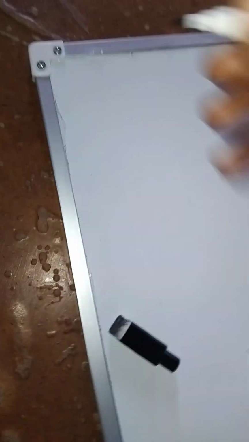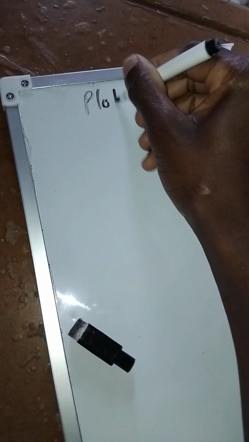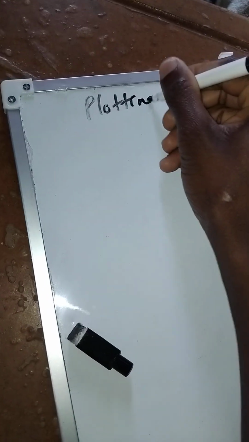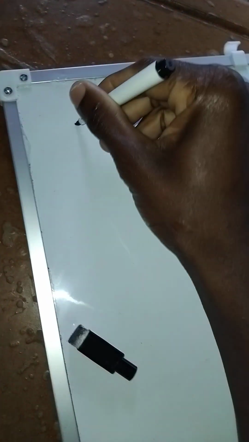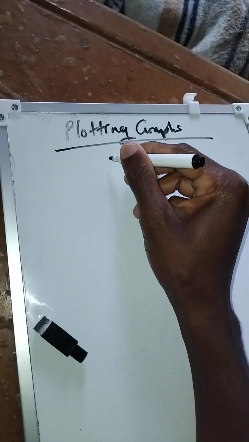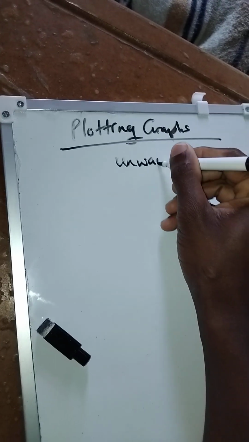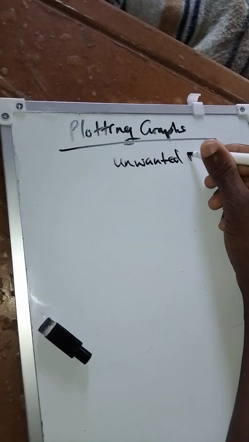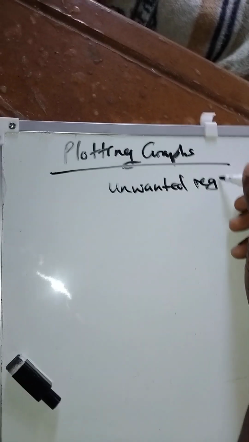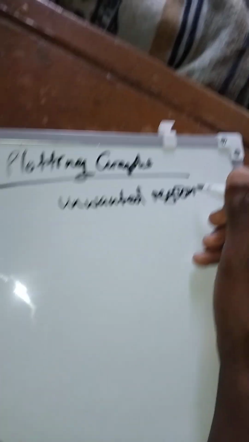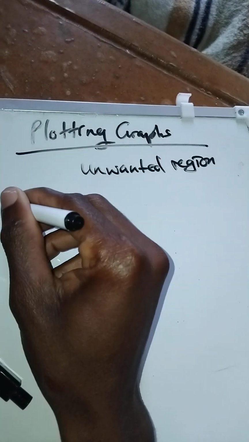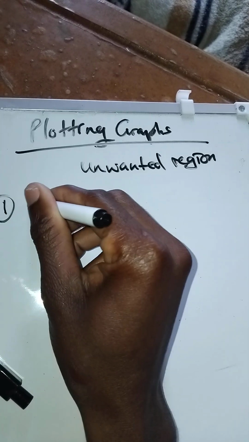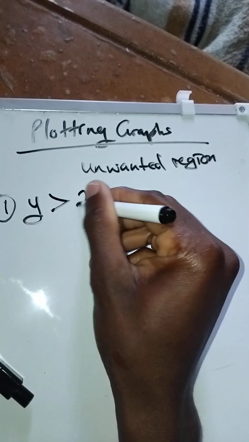So what we are doing is called plotting graphs, using the unwanted region. For example, today draw inequality number 1, y less than 2.